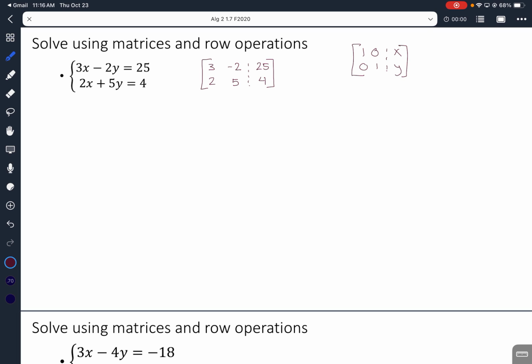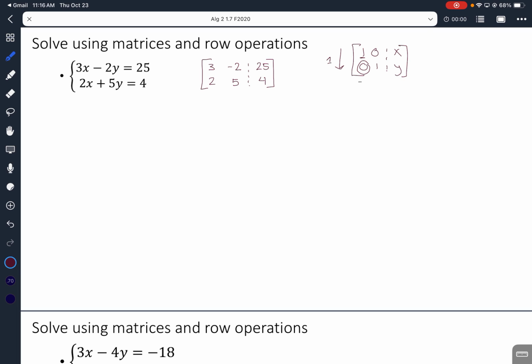Okay? So, the first thing we always try to do, if possible, is get this leading coefficient right here to be 1. Can I get 3 to be 1 using 2? No, I cannot. So I'm going to have to do some subtraction. So the way I like to do it, step 1 is going down, zeroing out.